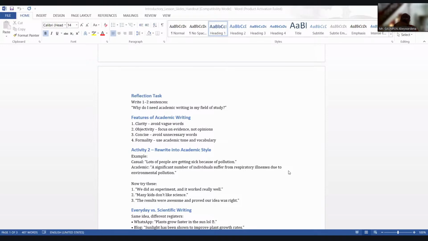Academic writing helps me clearly explain scientific ideas. Good. Share research. Share research findings. And succeed in both studies and future career. Better to say. Scientific word career, future career. Your job. Both studies and future career. Better to say. Okay, good.